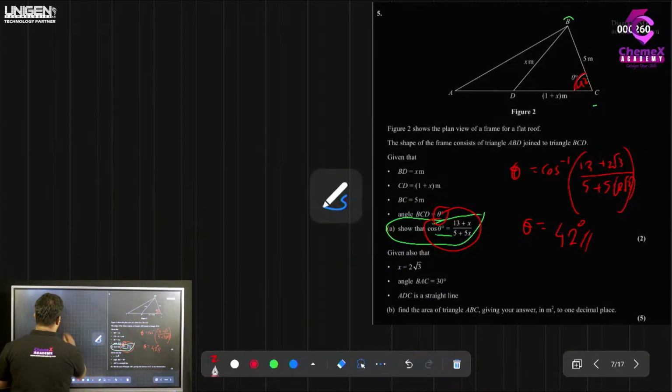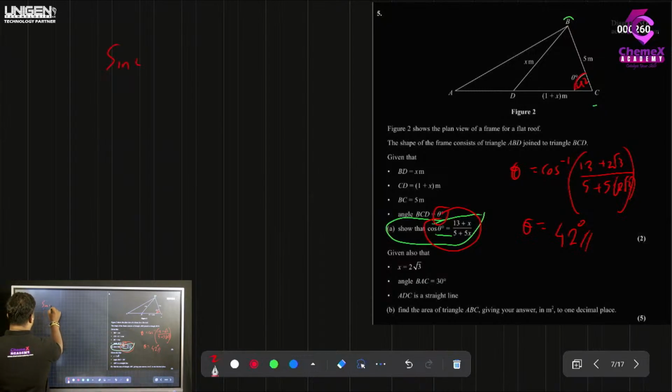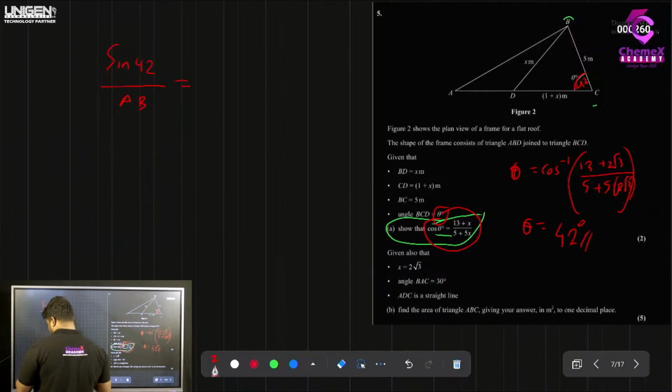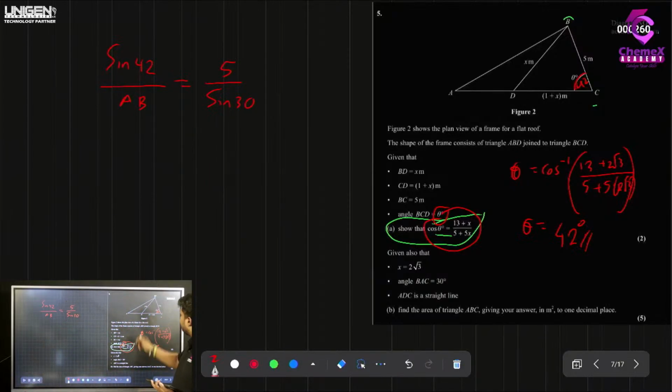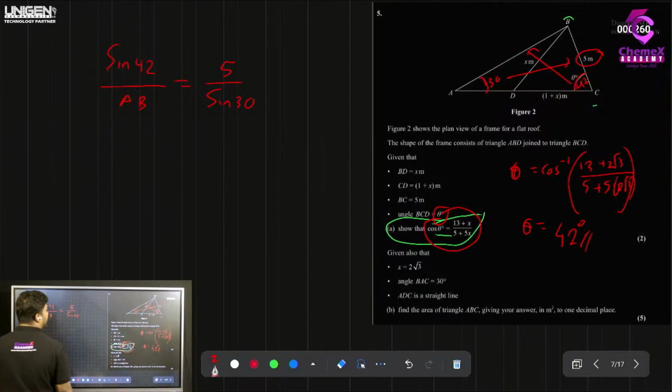Sine 42 over AB equals the side opposite to it, AB over what? 5 over sine 30. They have given this angle as 30 too. Yes, put 5 as the side opposite to it. We don't know the side opposite to this, so I'm trying to find that.